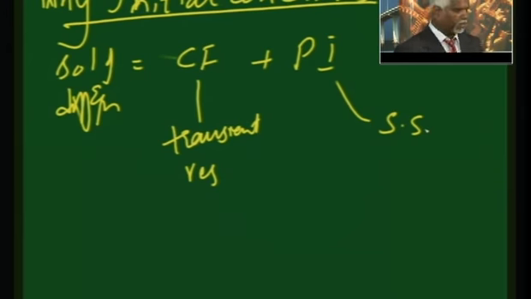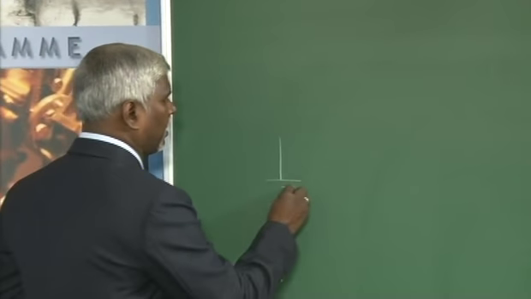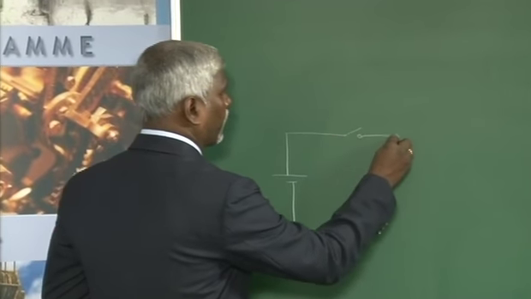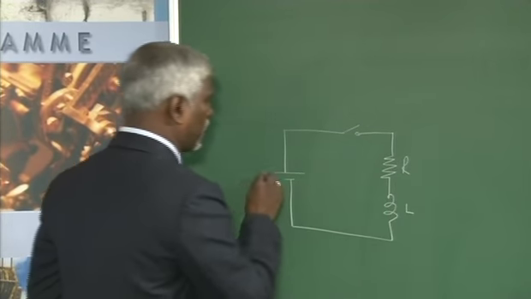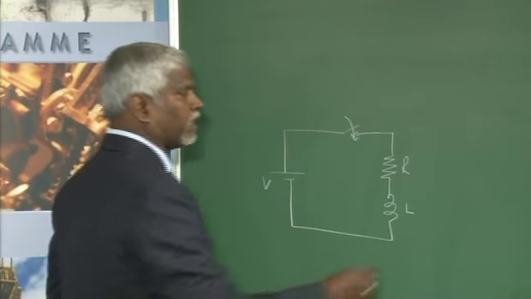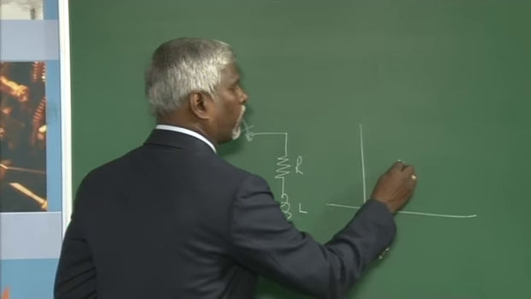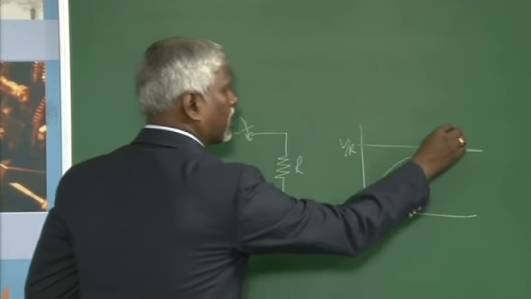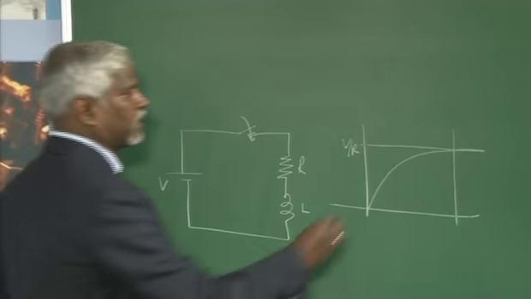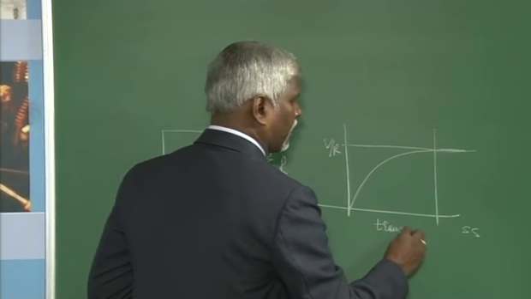I would like to put one particular circuit on the board and try to tell you what I mean by a transient and a steady state response. If I just take a simple RL circuit, resistance, inductor and a voltage source. If the switch is closed, the current will not suddenly increase to a value V by R, it gradually increases to a value V by R. So, the part where it is gradually increasing is the transient part, and then the response reaches steady state.